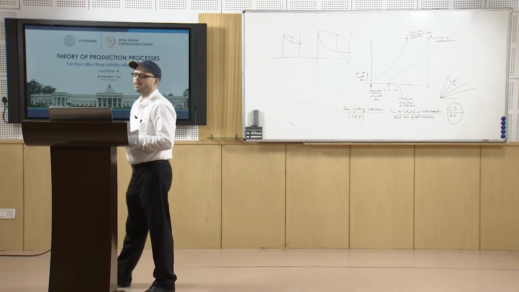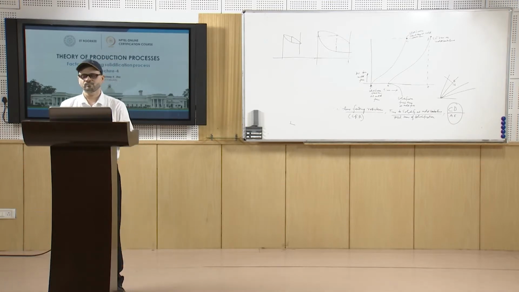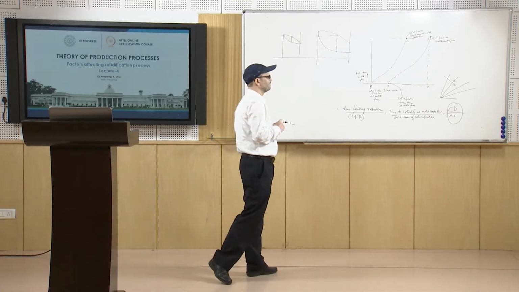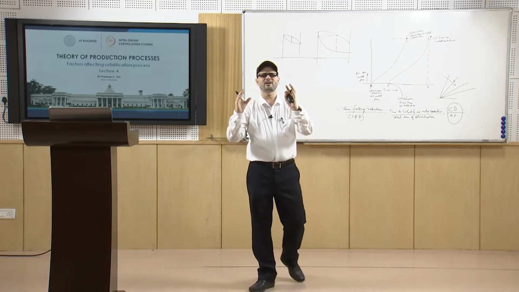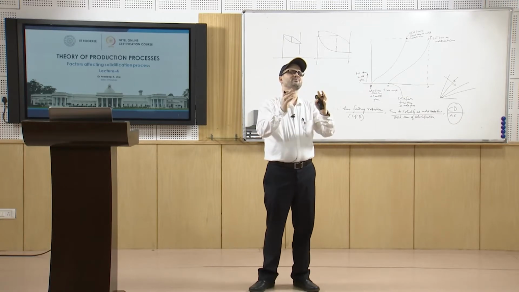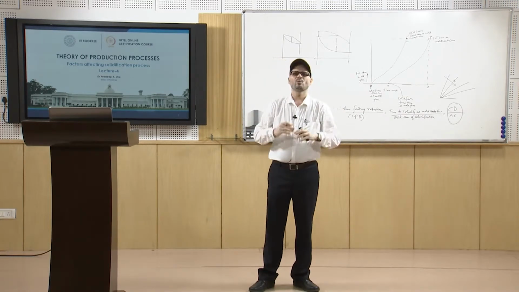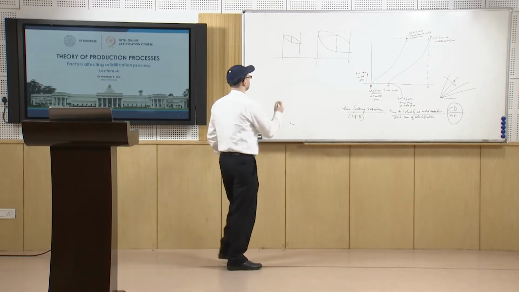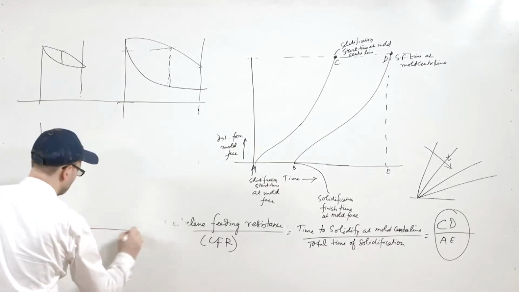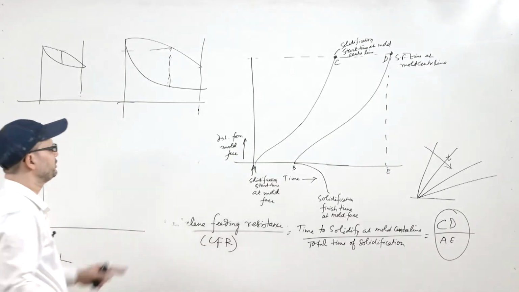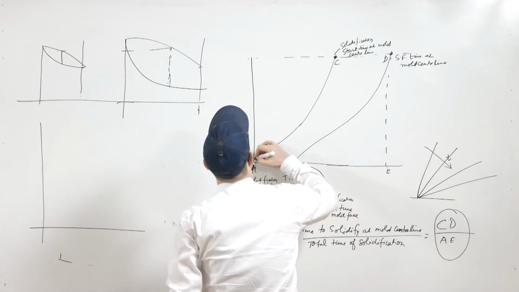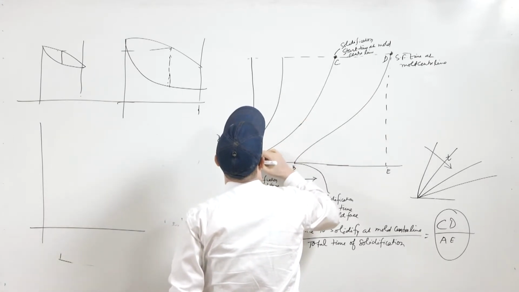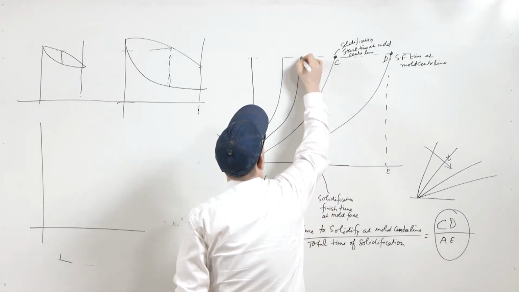Next point is between chill and sand mold. Now, when you have one mold made of sand and another mold made of metal, what happens in that case? When you have the chill mold, in the same case, the pattern may move like this.